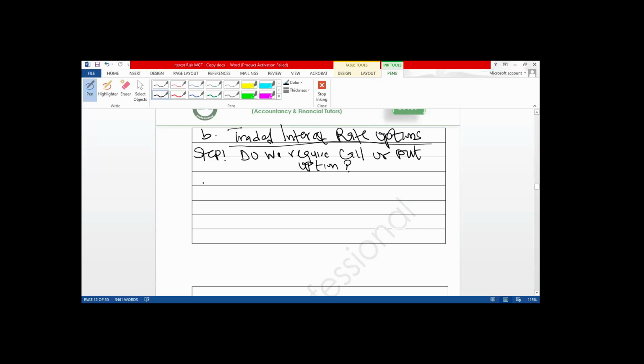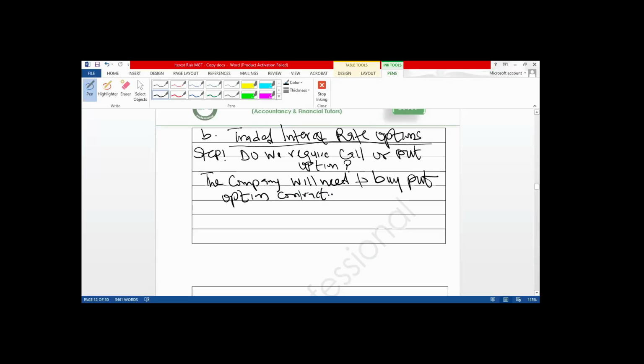In this case, we need to buy put option contracts.